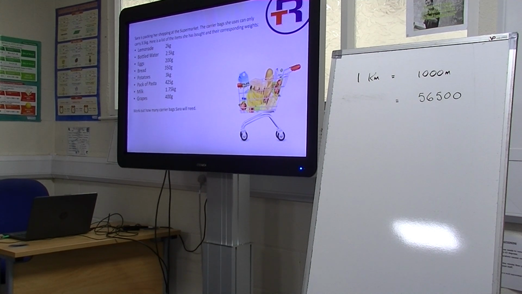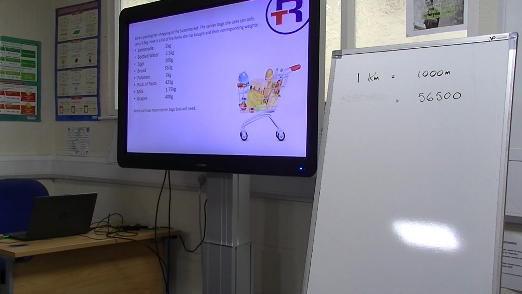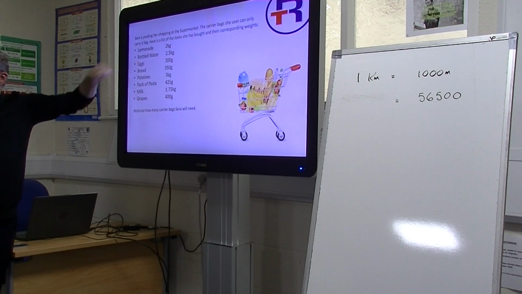How many bags does she need? You can see we've got a mixture of grams and kilograms. I'm just not sure which way to convert it. Well, if you look at the question, it says kilograms for the weight of the bags.